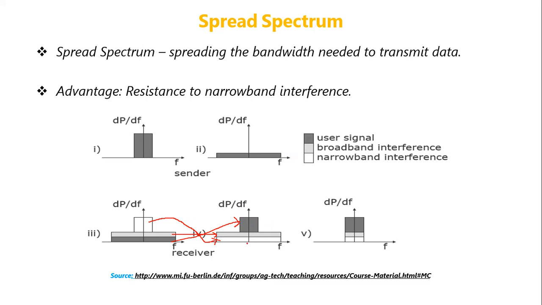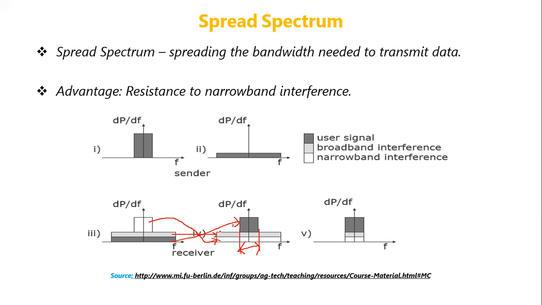Then the receiver will pass this signal through a band pass filter. A band pass filter is one which allows a range of frequencies. The receiver will make sure that the band pass filter passes only the signal that lies within this frequency.